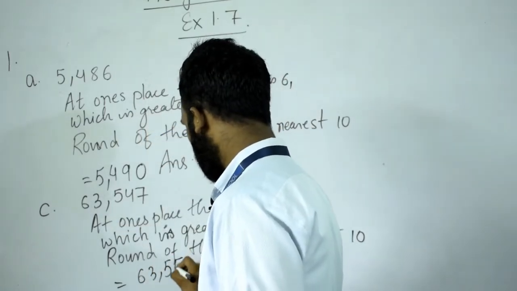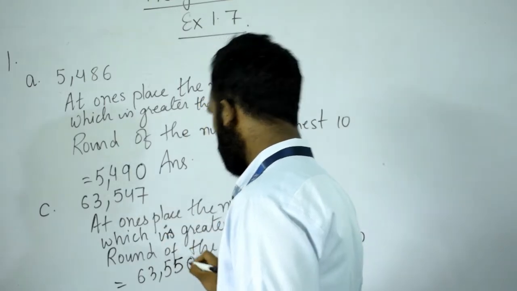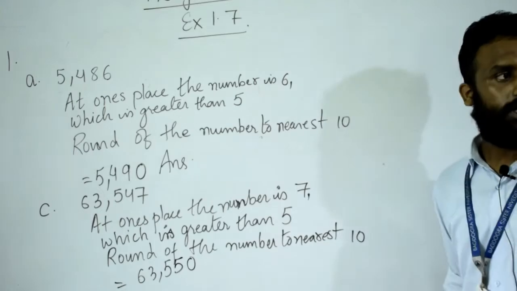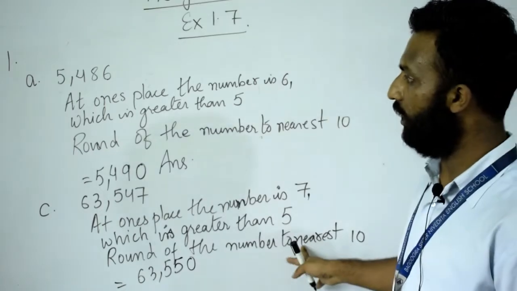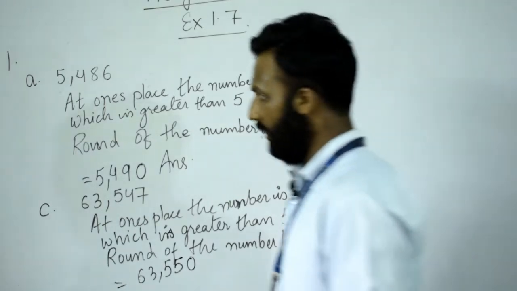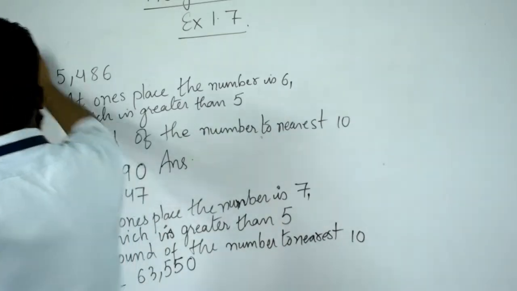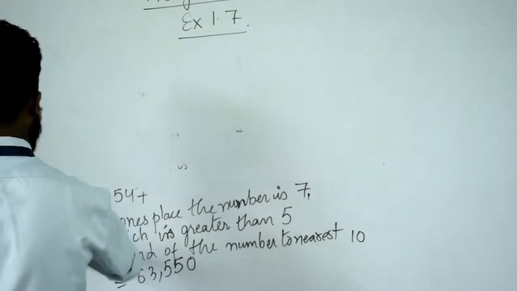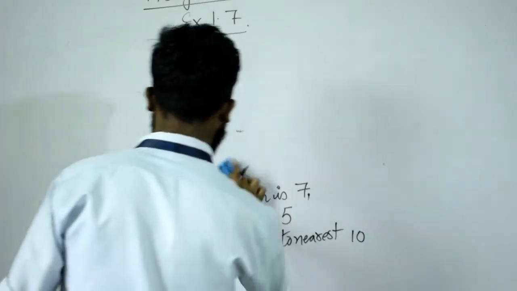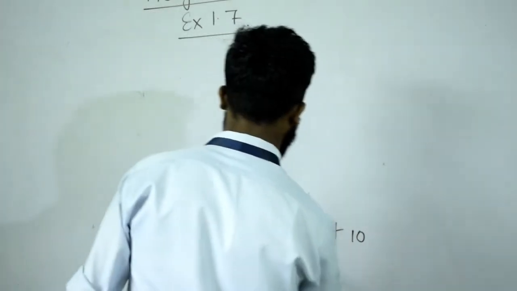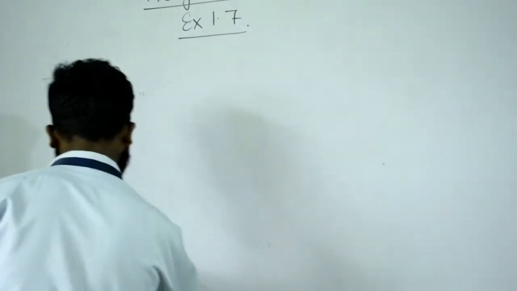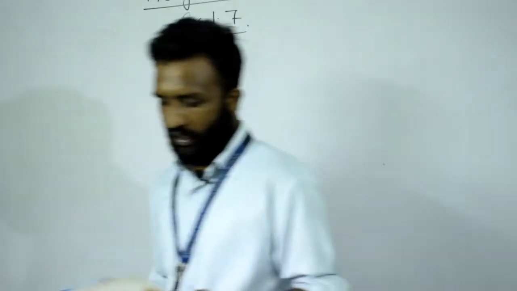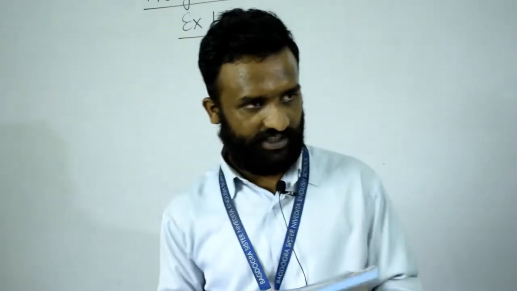When we add 1, it becomes 5, and the ones place becomes 0. So 63,550. This is how you will round numbers to the nearest 10. So in question 1, you have understood how to do the nearest 10.